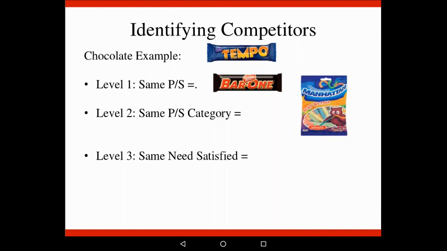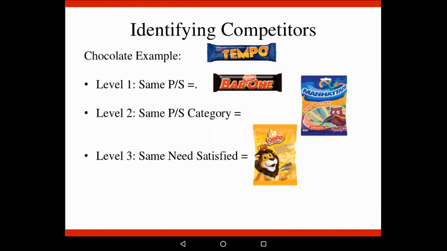Then we have level 3. Now these are products that satisfy the same need. So the need here is to either snack, right, or to have a sweet, specifically a sweet snack. But it's a snack. That's what a Tempo is. You don't eat the Tempo as a meal. You eat it as a snack or maybe as a dessert.